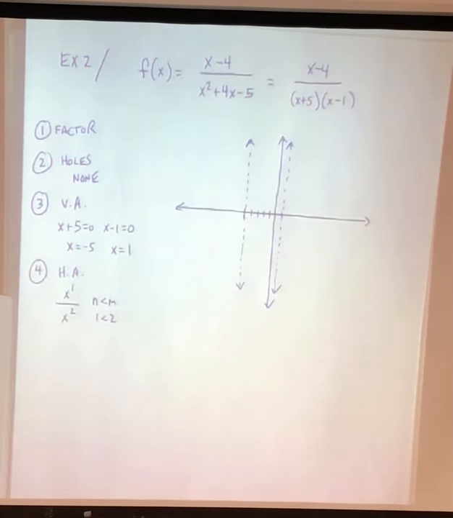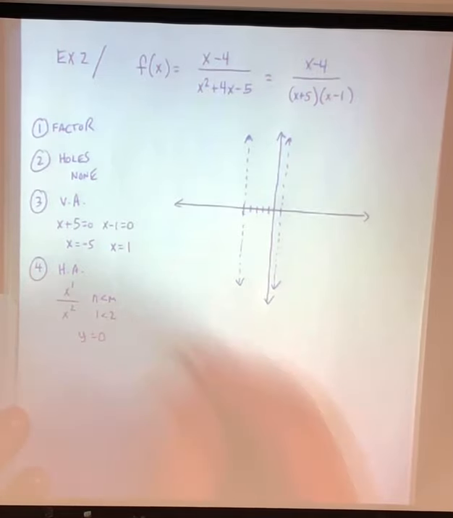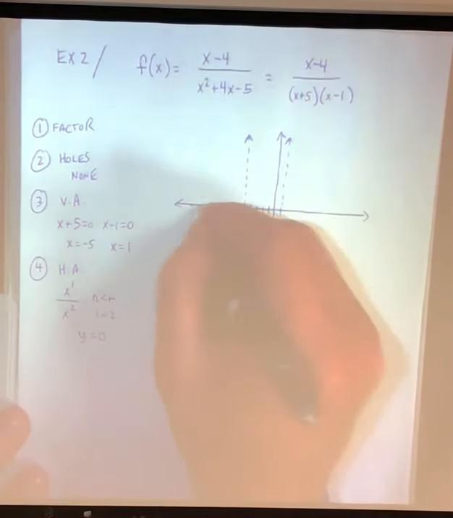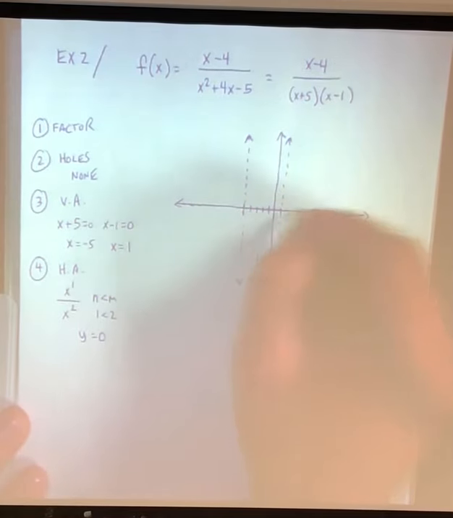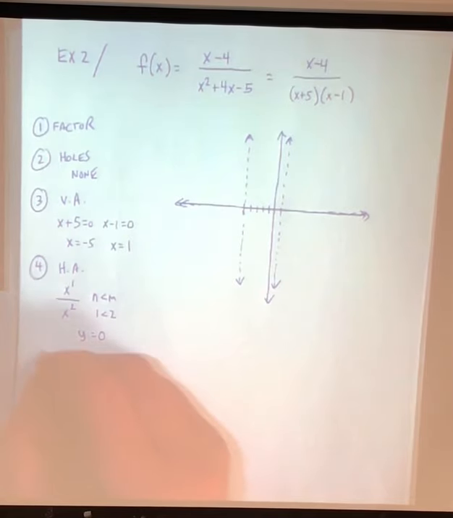Yep, y equals 0. It's kind of hard to see with the solid line already there, but that's basically the x-axis as our horizontal asymptote. If it has a horizontal, we know that there's no slant asymptote.